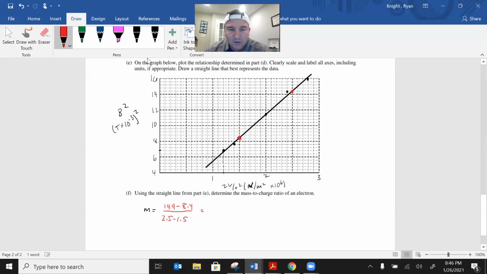Obviously this one's times 10 to the negative sixth, and this one's times 10 to the positive sixth. So we'll get 6 times 10 to the negative sixth divided by 1 times 10 to the positive sixth. And I end up with an answer of 6 times 10 to the 12th.